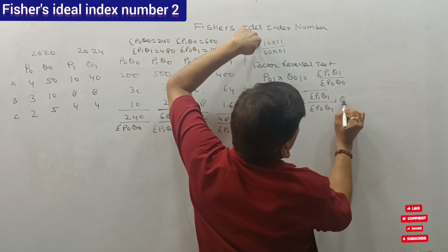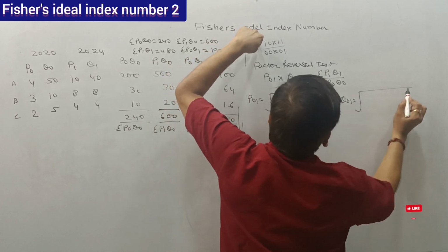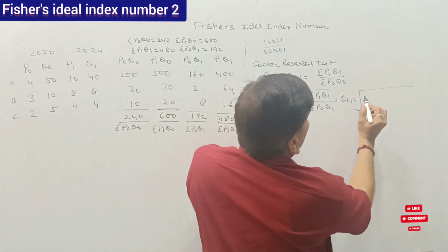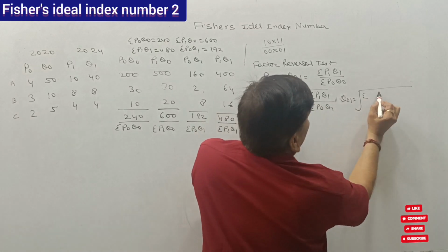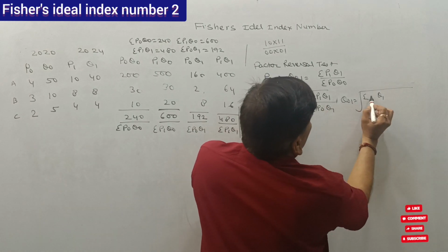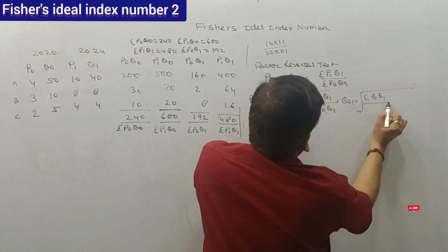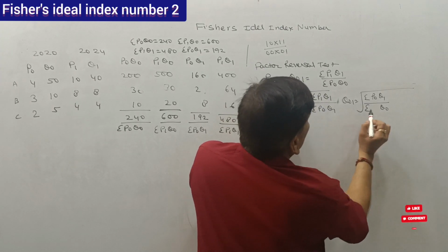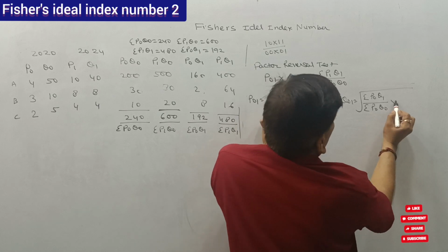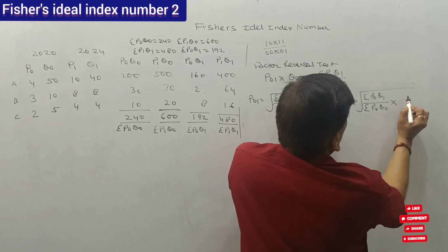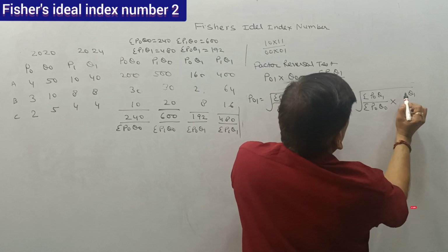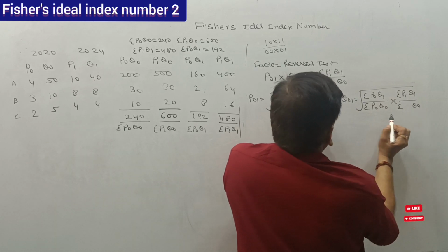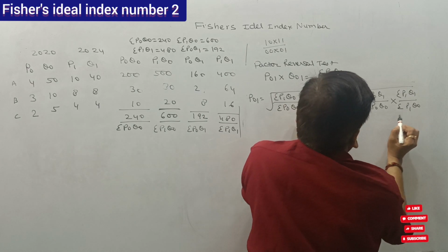Now for the quantity index, we interchange P and Q, Q and P: P1 becomes Q1, Q0 becomes P0, P0 becomes Q0, Q1 becomes P1.